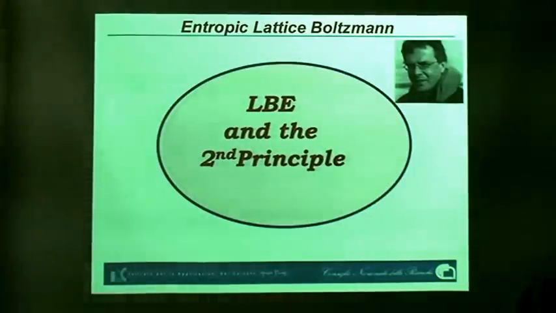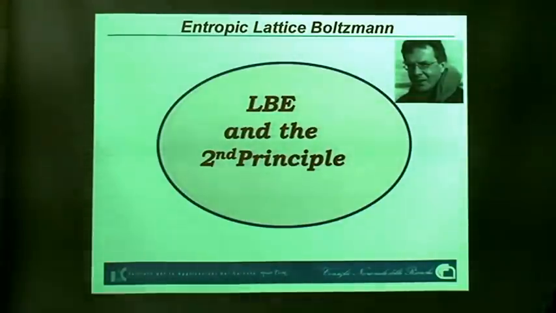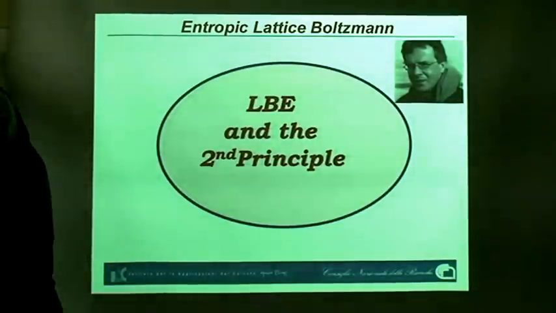Some of you might be aware of the H theorem in kinetic theory, but all of you know the second principle of thermodynamics. In a dynamic form, if I go from a non-equilibrium state to an equilibrium state, a typical example with temperature, if I have a hot body and a cold body, at equilibrium they go to the same temperature.